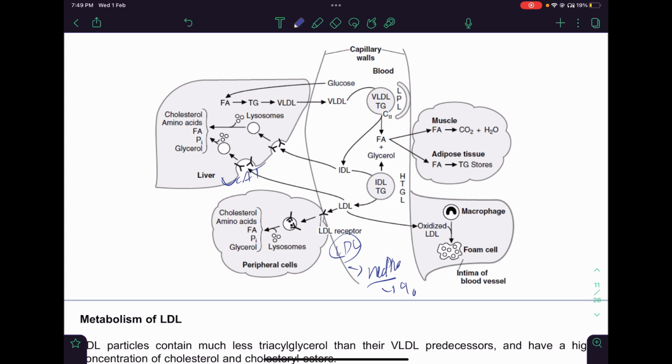Okay, just imagine why they are taking LDL, why they want that.